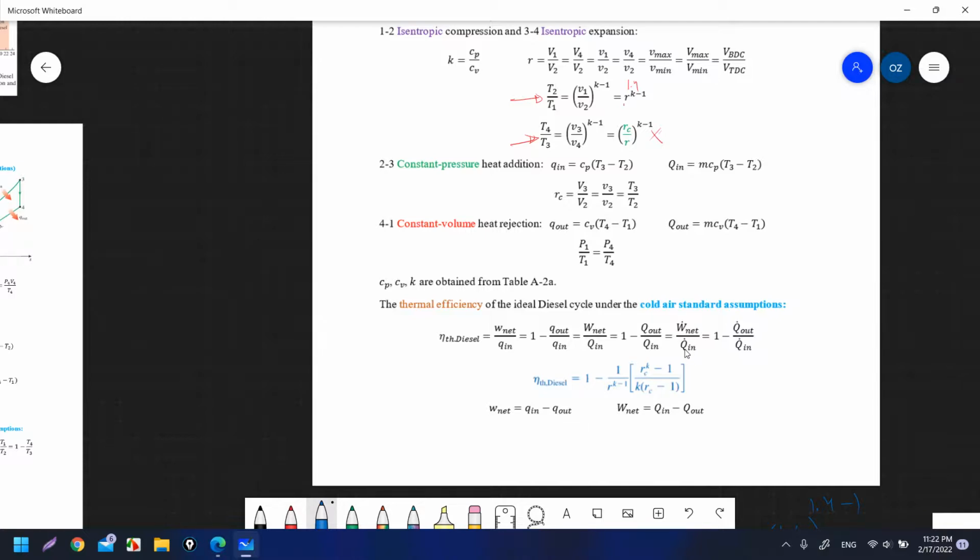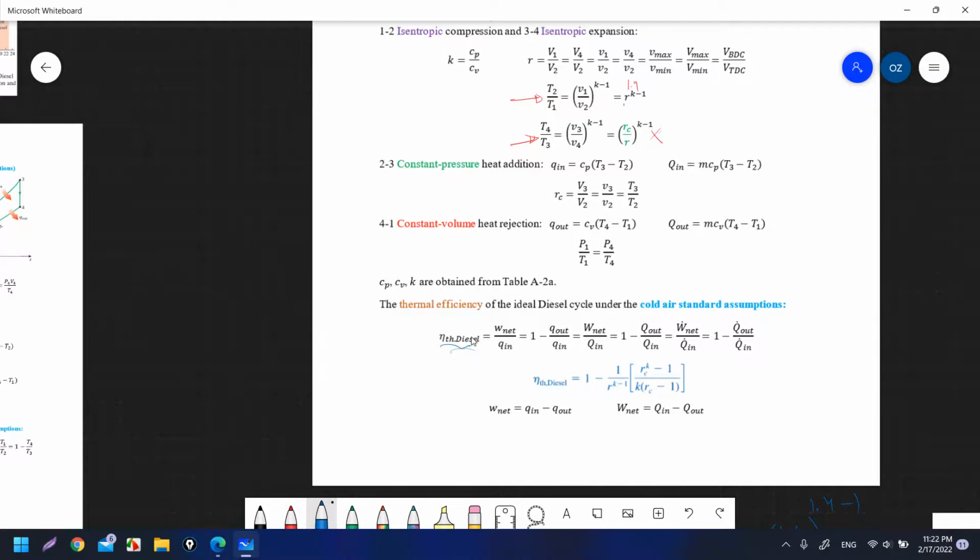But to find Q dot N, I need the thermal efficiency, and usually we find thermal efficiency from W net over Q N, or W dot net over Q dot N. But I don't have the thermal efficiency, and I need to find Q dot N, so I cannot use any of these equations.